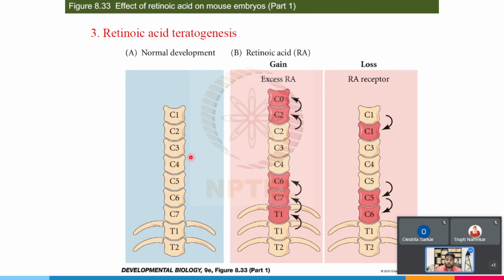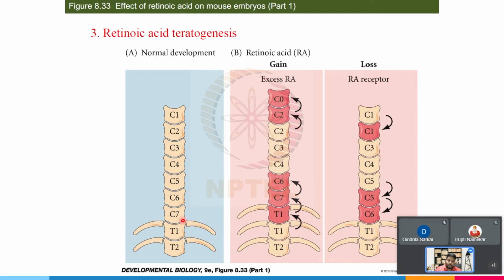We have the various bones in the vertebral column which are marked C1, C2, C3, finally going to T1, T2. These are the thoracic segments, and these are the cervical segments. But if there is a large excess of RA, we will see that various vertebral column bones will start forming in the anterior region as well, which should have been in the posterior.